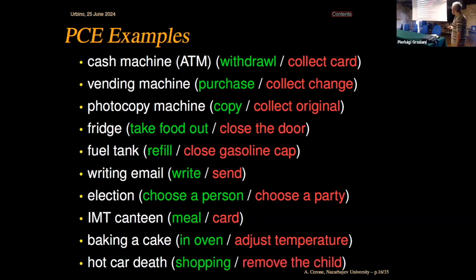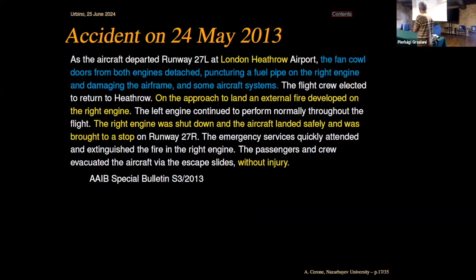So the goal is shopping, but you forget to remove the child. This is a very serious problem because you have 40 deaths per year in the US, and I think we found about a third are due to post-completion error. But there are other situations which are also safety critical.